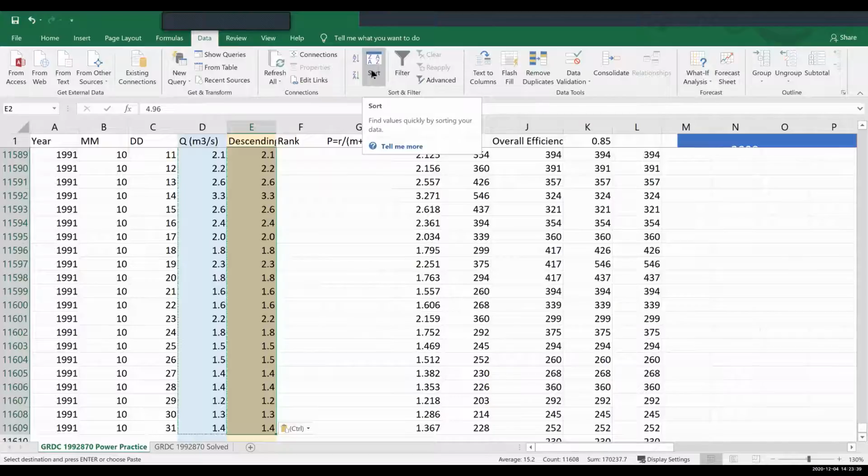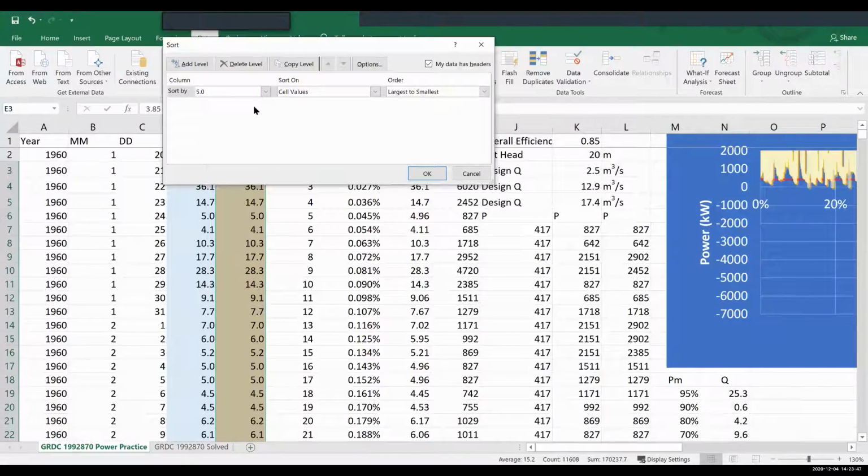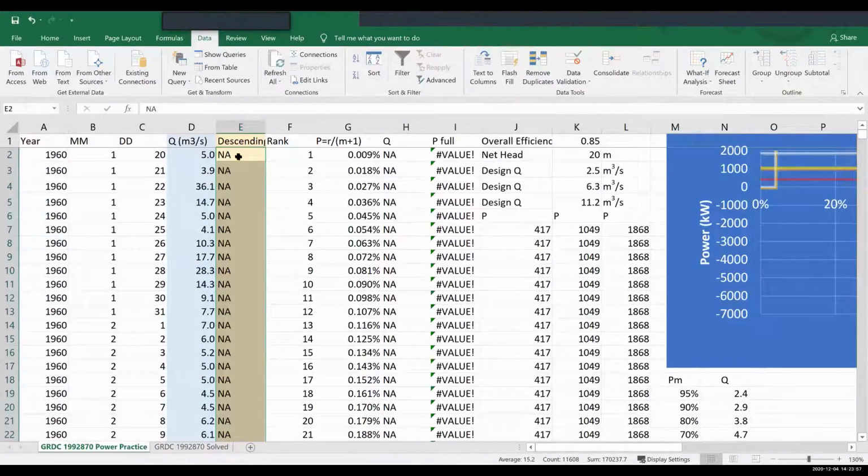It asks whether to expand or continue with the current selection, then I choose that my data has no header, and sort from largest to smallest. So when I do that, it is in descending order.